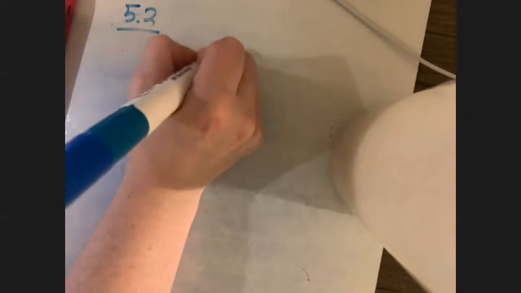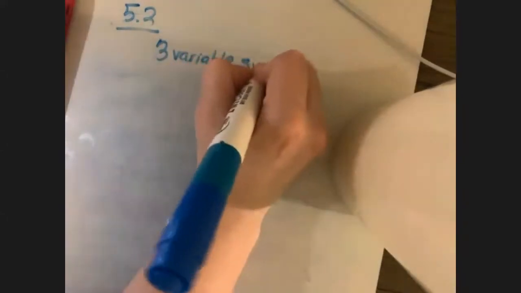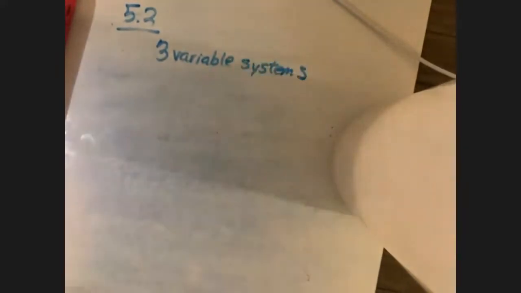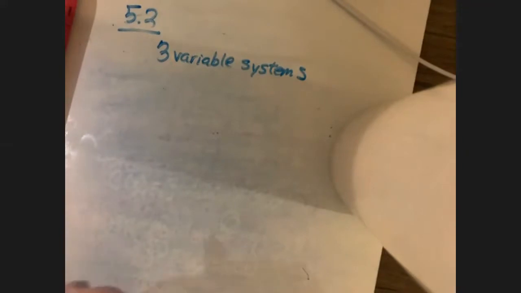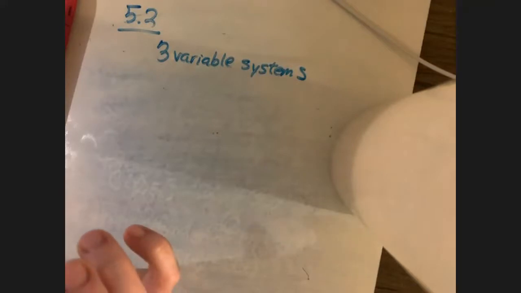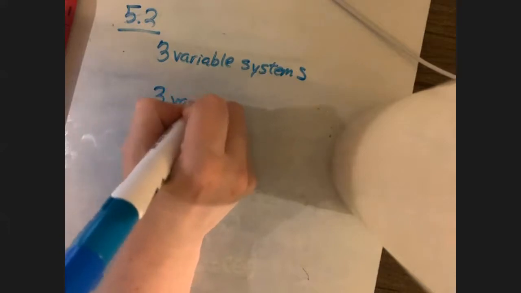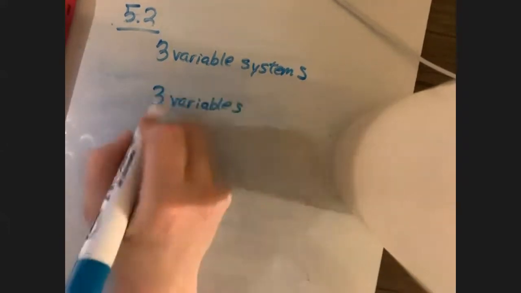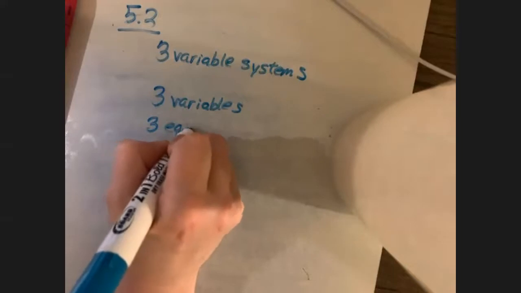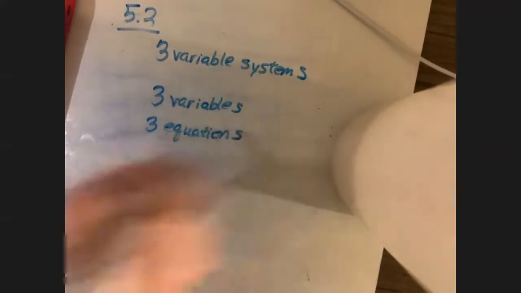we're going to look at three variable systems. Now, thinking about what I said at the beginning of 5.1, if I'm going to work with three variables, logic says I need to have three equations.